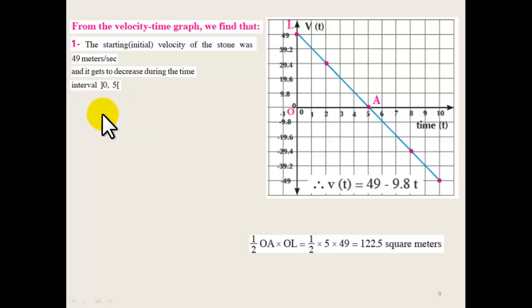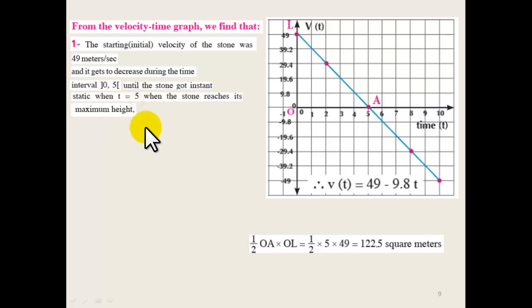The velocity decreases during the time interval 0 to 5, until the stone is instantly static when t equals 5. It will stop after 5 seconds to change its direction when the stone reaches its maximum height.